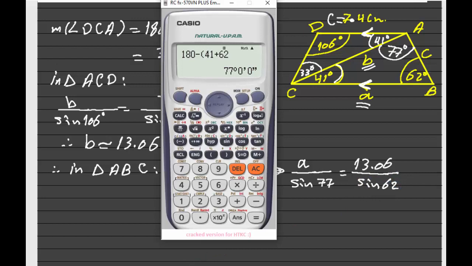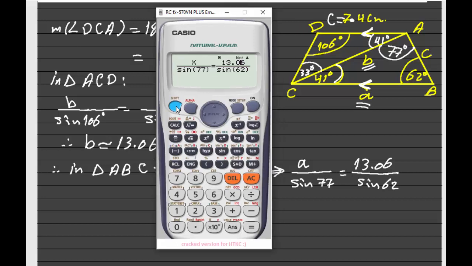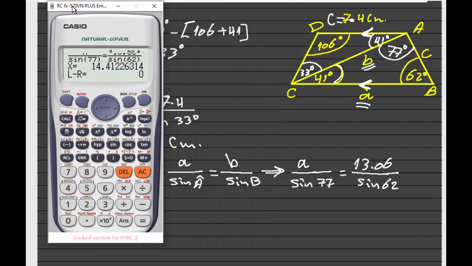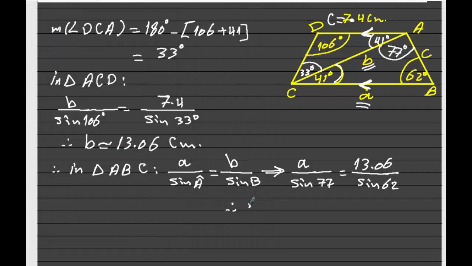And back to the calculator, we substitute. We make a fraction, A denoted by the symbol X, so A equals 14.41 centimeters.